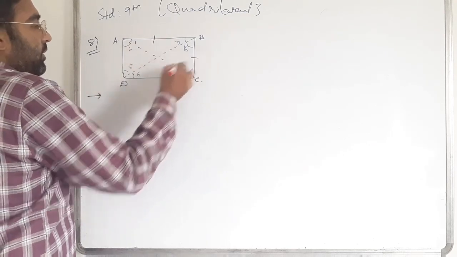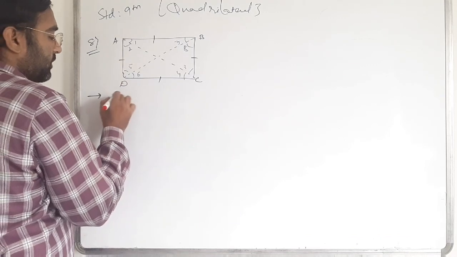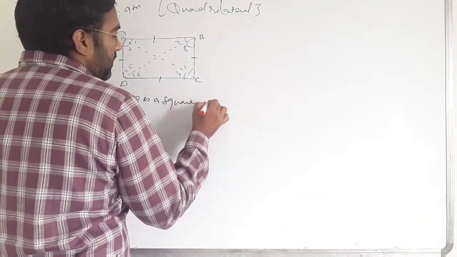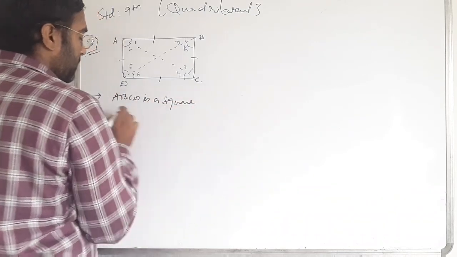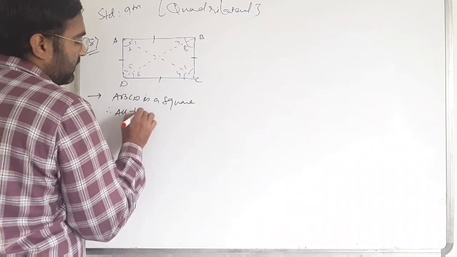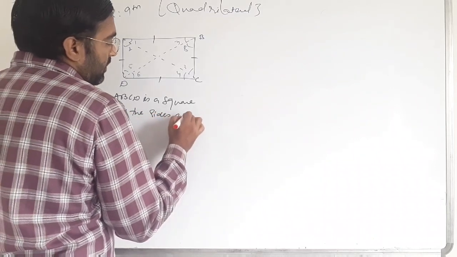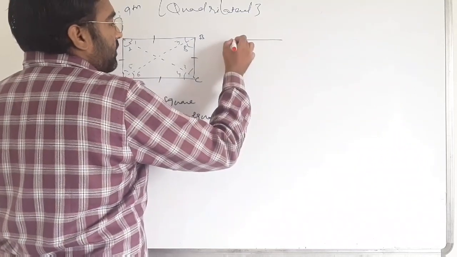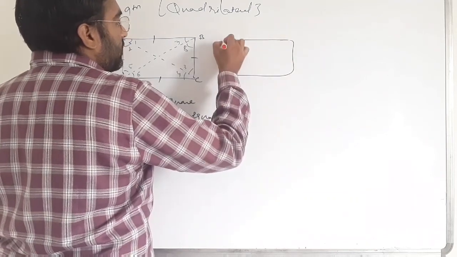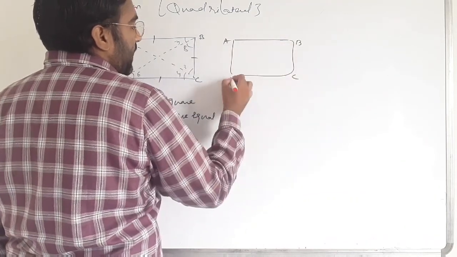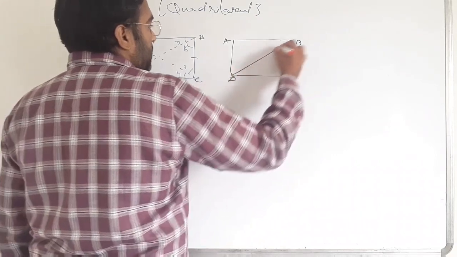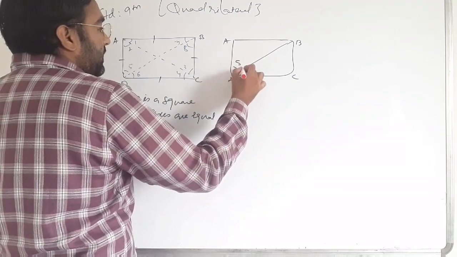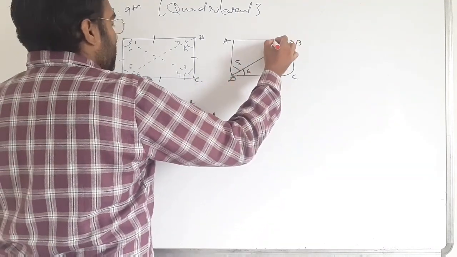Here ABCD is a square, therefore all the sides are equal. So for that I have to draw the square with the diagonal BD, because I want diagonal BD to bisect angle B as well as angle D.